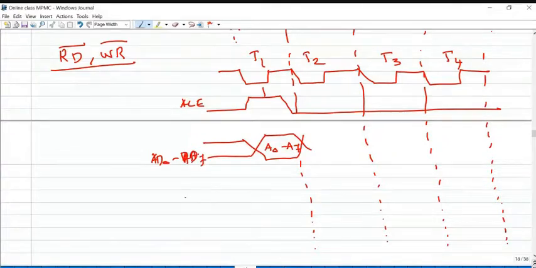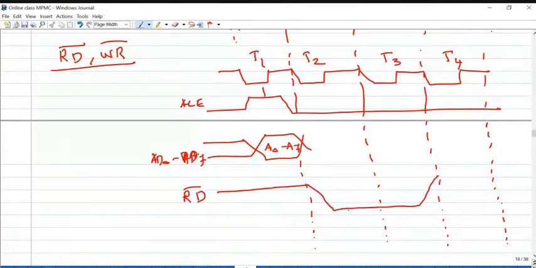So at that time don't activate your read or write signal. This is logic high. Between T2 and T3, a minimum of 2 T states, this should be active by placing 0, as it is active low.